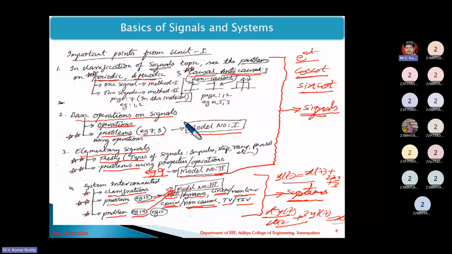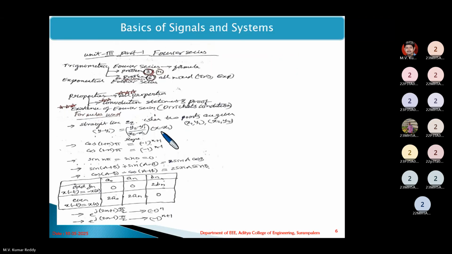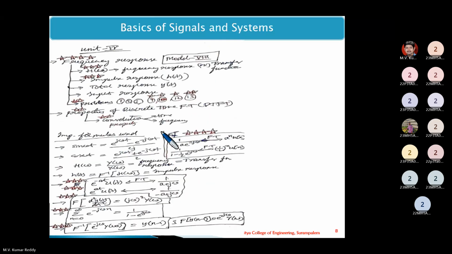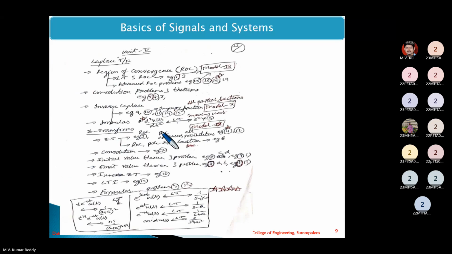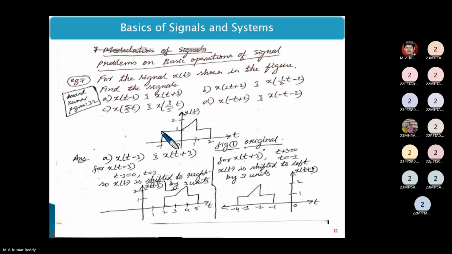Now we are going for model 1. Model 1, example 7 and example 8. We are going for example 7. Okay, this is the question, example 7.